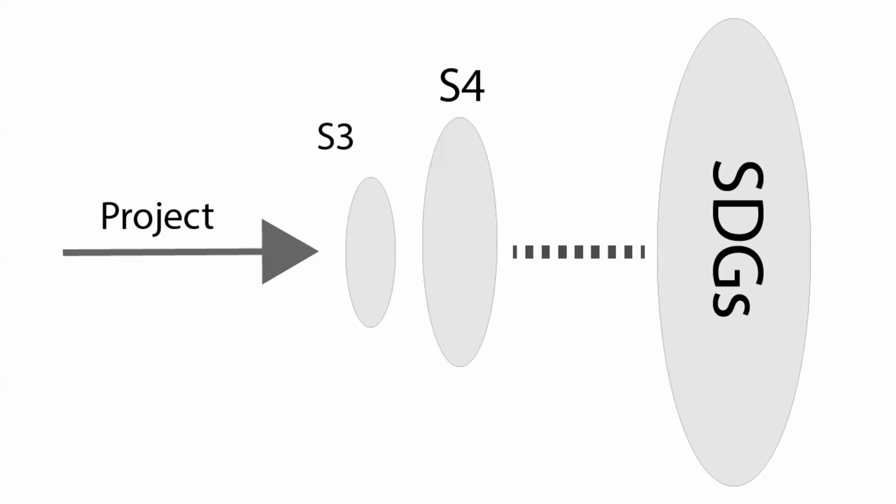And now, after the beginning of the smart specialization, there comes a sustainable smart specialization strategy. So this is the next thing, and it has now changed name a little bit. But if you go to the next thing and the next thing after that, then at some point you will have reached one of the sustainable development goals.